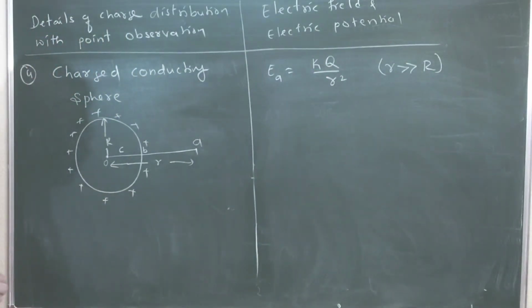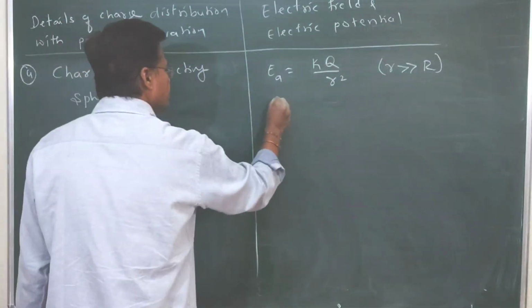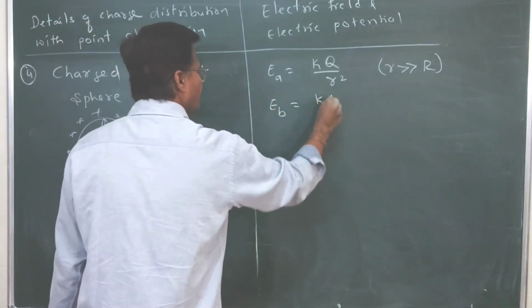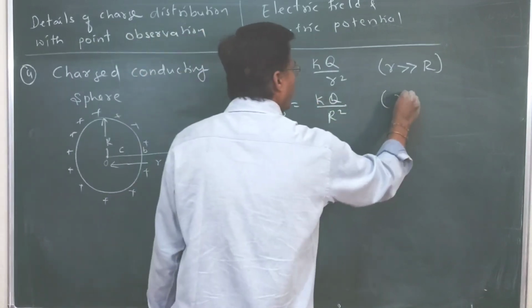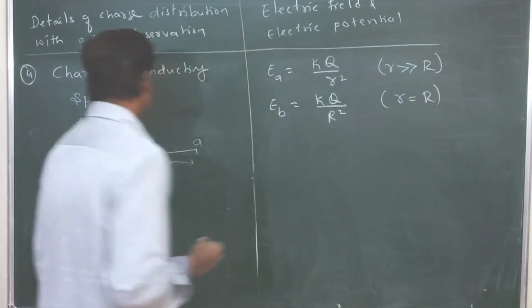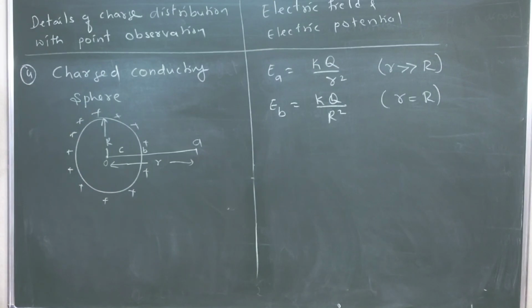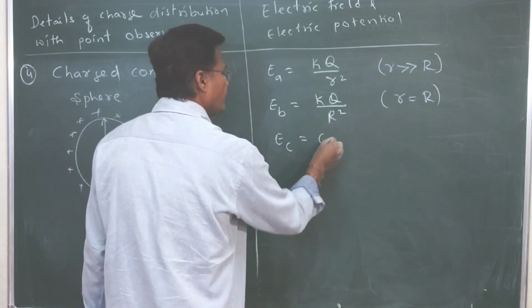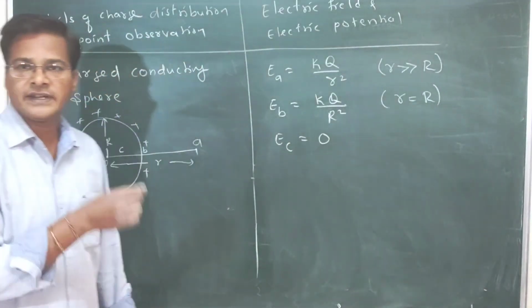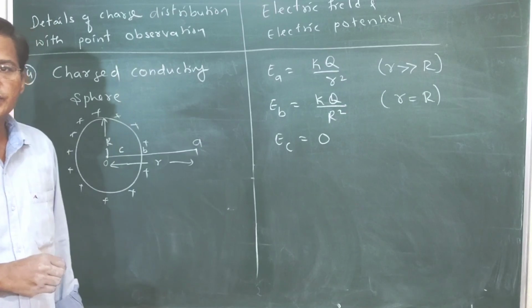Next, EB on the surface is KQ divided by capital R square, because r is equal to capital R. And the electric field inside the conductor is equal to 0. Why is it 0?